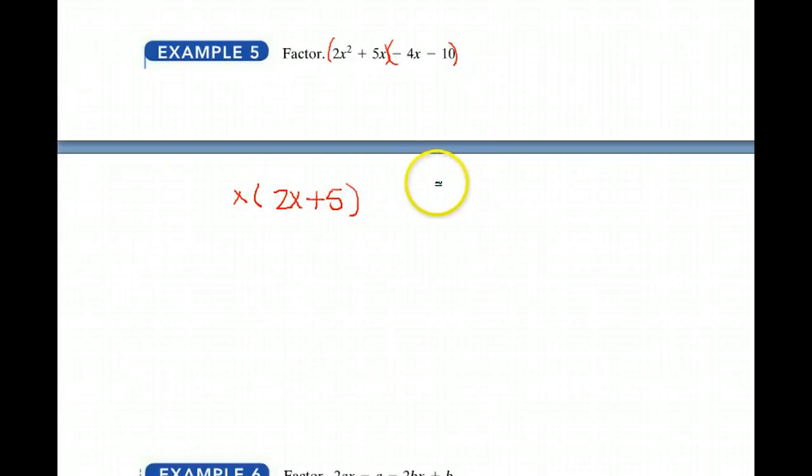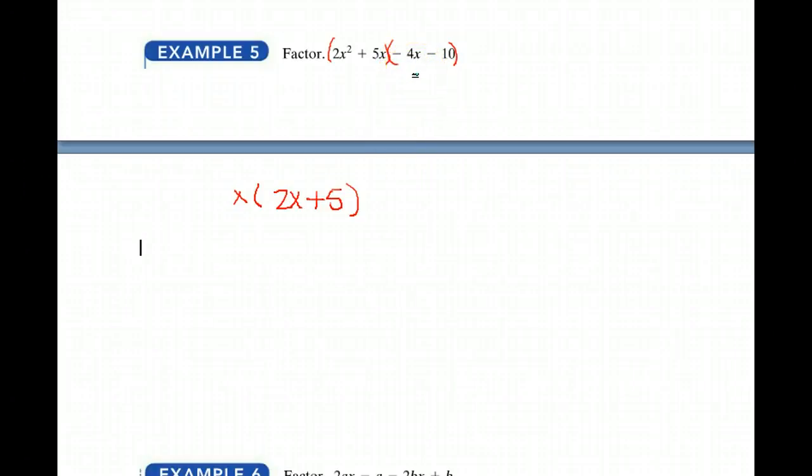In the next group, I have negative 4x minus 10. Now remember, our goal is to factor out some type of number or variable so that I will create a group identical to 2x plus 5. Both of these terms are negative, and I need to make them positive.